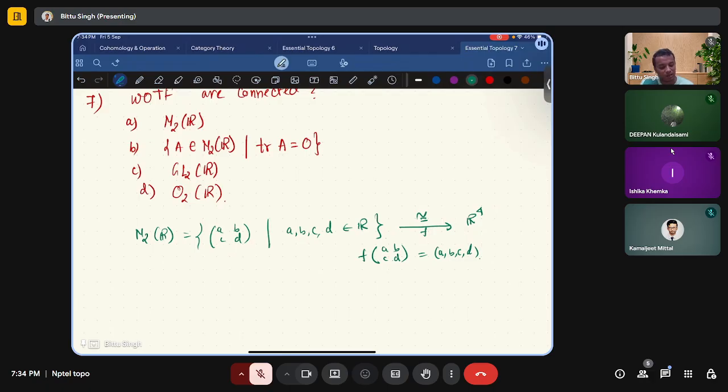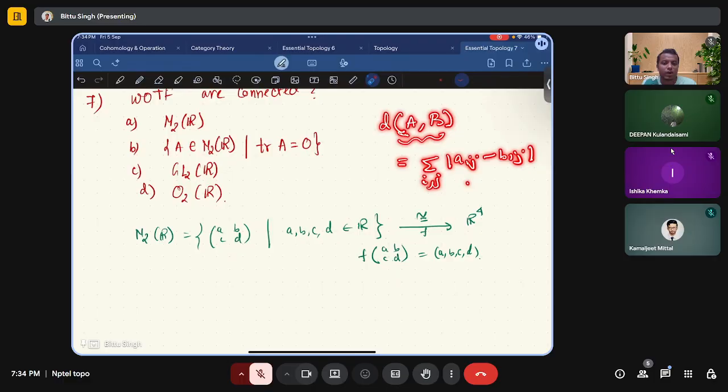The interesting thing is that you can define several different metrics or distances between A and B. For example, one distance will be to take the sum of |a_ij minus b_ij|. You can also define it by this method. So there are lots of different distances, but all those distances give the same topology.